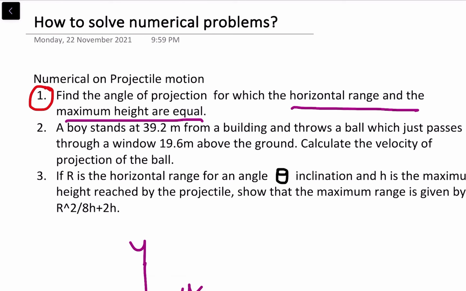Now let us attempt the second one. Let's take the second problem now. A boy stands at 39.2 meters from a building and throws a ball which just passes through a window 19.6 meters above the ground. Calculate the velocity of projection of the ball.